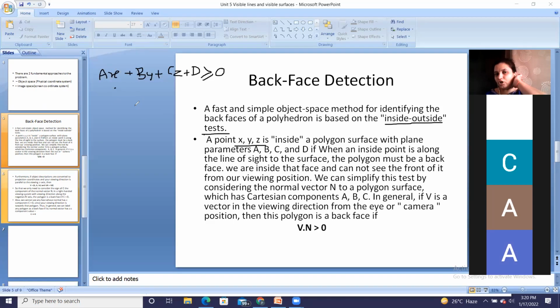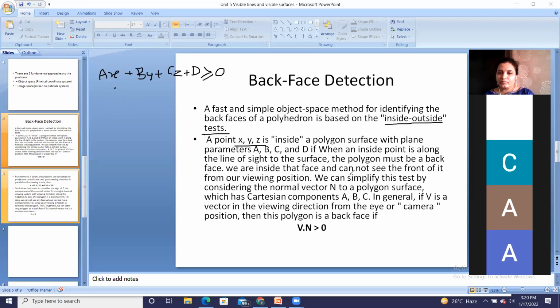If the normal of a particular face or surface is pointing towards the user, then that face is considered visible, or that surface is called a visible surface. And when the normal is pointing away from the user, then that face is considered invisible, or we can say hidden.